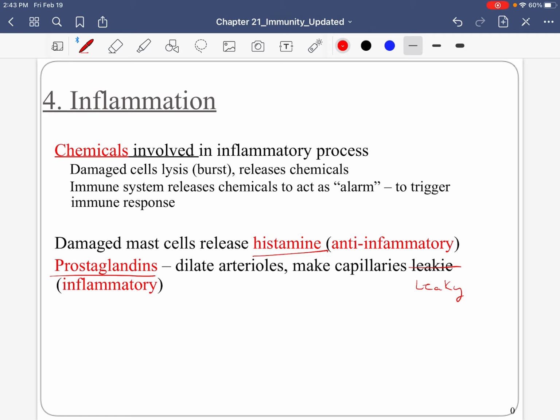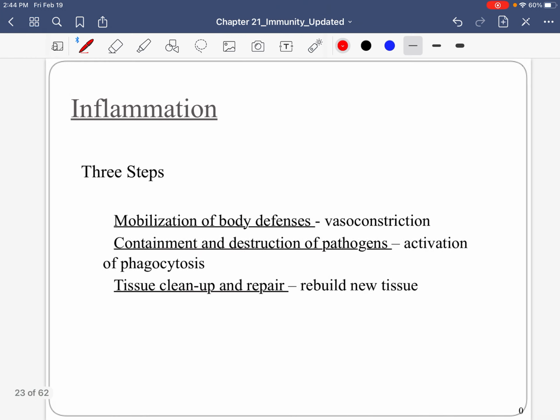Right. Histamine is an anti-inflammatory chemical. And prostaglandin is a chemical that is inflammatory. Okay. Just be able to give an example of each of these. A chemical that causes inflammation, prostaglandin, and a chemical that is an anti-inflammatory, histamine.